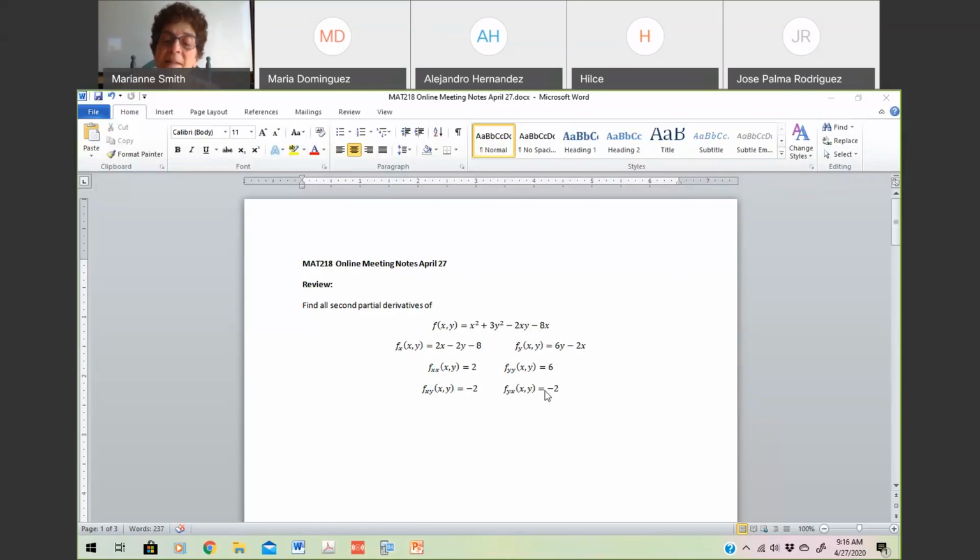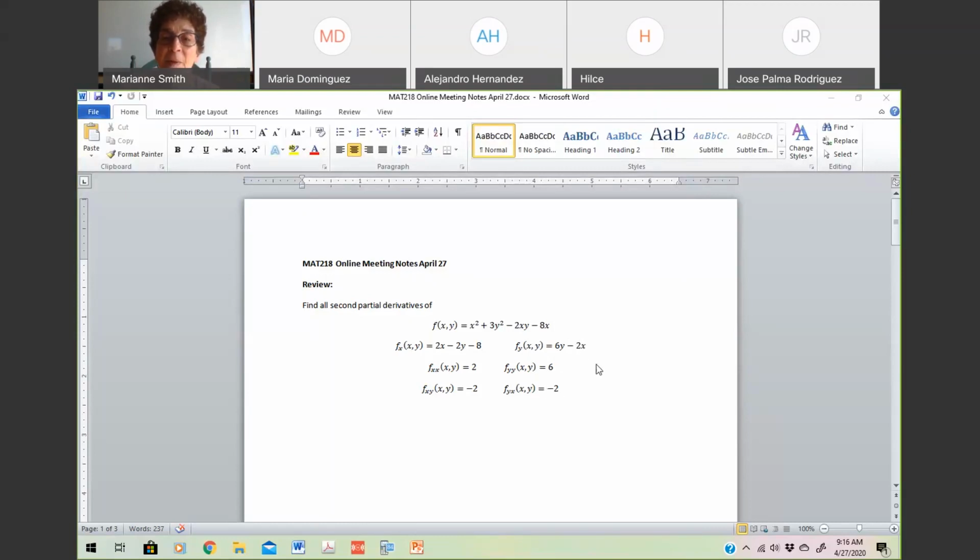If I continue down in this column and I differentiate my first partial derivative with respect to y again with respect to y, I'm just going to get the 6 from this term right here, because negative 2x is a constant. If I take this first partial derivative and differentiate it again with respect to x, I'm just getting something from the term with the x in it. I get the negative 2.